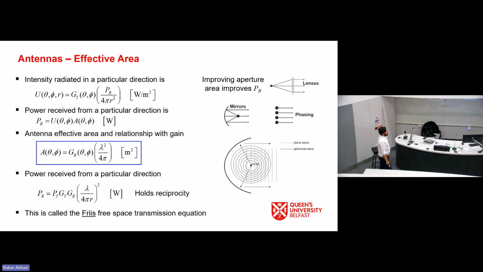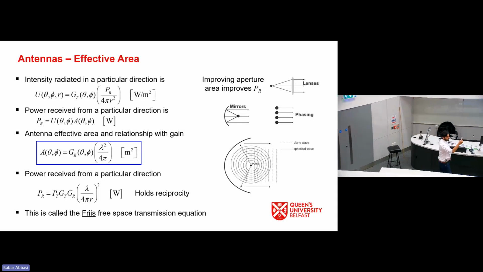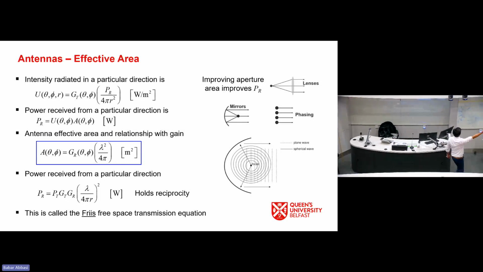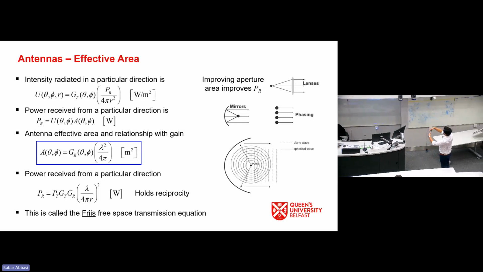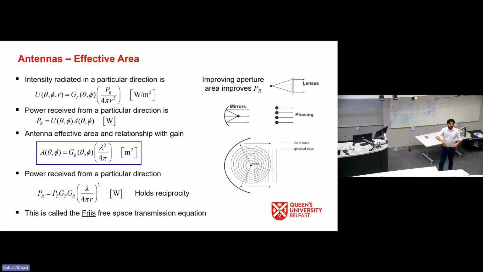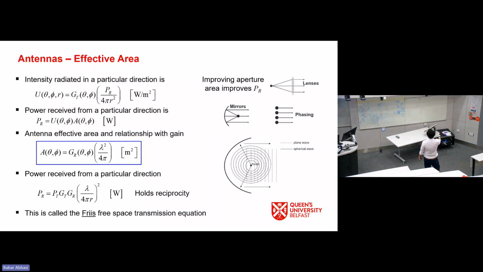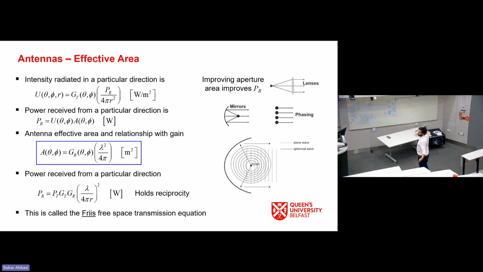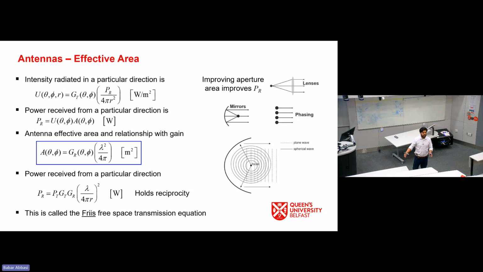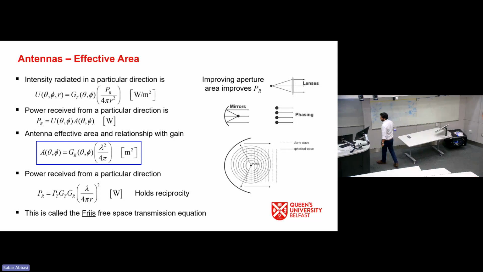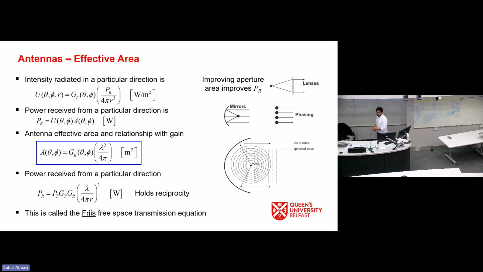So what a dish does, it receives a plane wave, a simple plane wave of electromagnetic energy, and then it kind of focuses that energy into one point, and from that point we kind of pull the energy out. So similarly, we have multiple antennas doing the same job, so it's basically like increasing the number of LEDs in your aperture. Okay. Similarly, we have a mirror, which is a similar kind of form, and lens apertures.